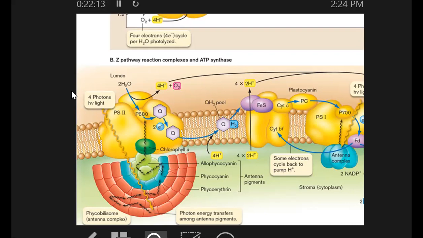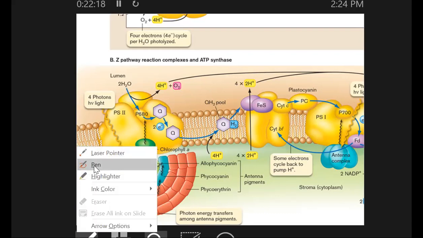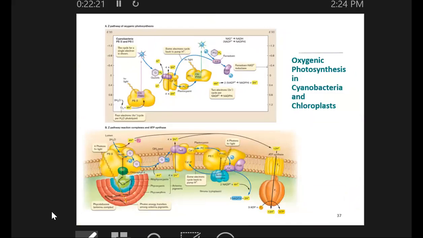What they're trying to show here is that you get water being stripped of electrons. They're using a blue line to show the flow of electrons from donor to acceptor, all the way down until you see the NADP plus accepting those electrons and becoming reduced to NADPH.